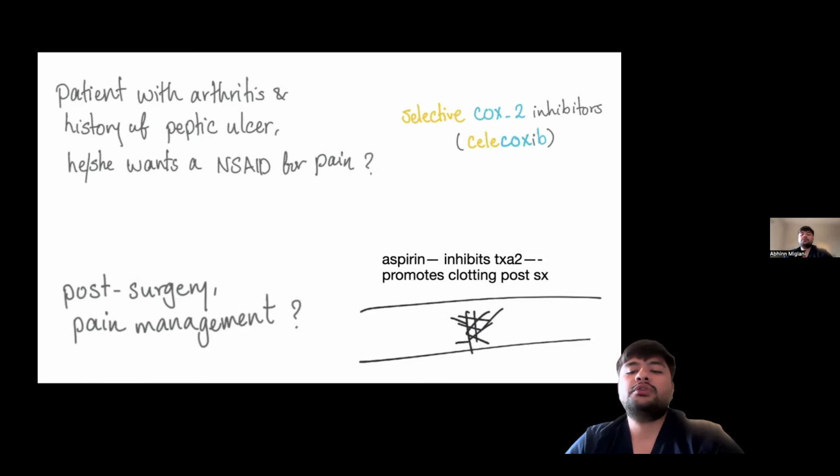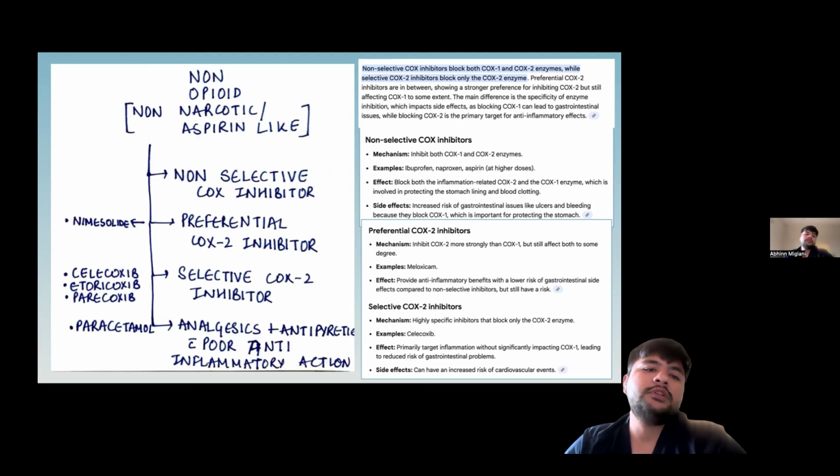It promotes clotting post-surgery, which is the main aim for post-surgical patients, that the dissected tissues and the wounds created by the surgeons are healed properly without causing any post-operative complications.